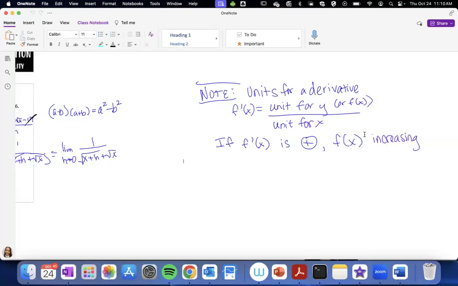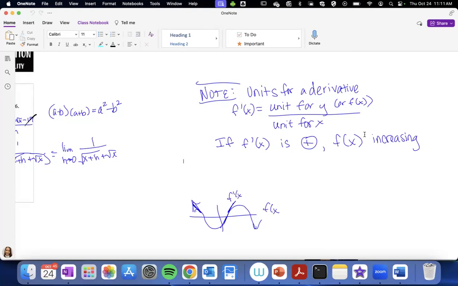So graphically, if my function looks like that, my derivative is the tangent line to all of this, the slope at that point. So if my derivative is positive, then I should be drawing this one here. That means f of x is increasing. So this is f prime of x.